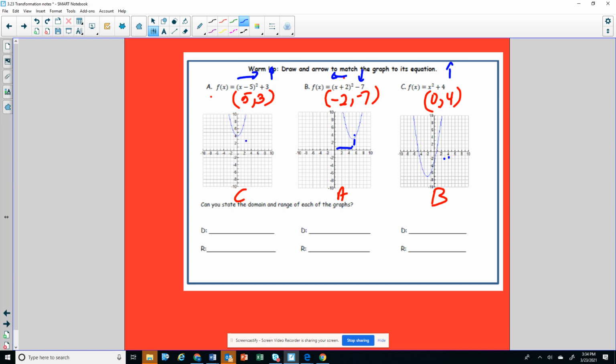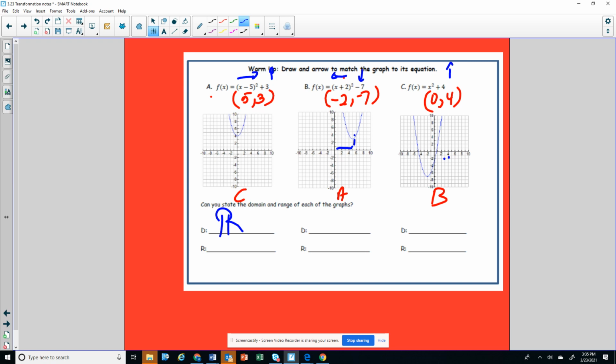All right. Let's look at the domain and range. The domain is going to be all real numbers. And for what we're doing right now for parabolas, there are no restrictions on the parabolas. And so the domain is going to be all real numbers. Now for the range, a range of y values.